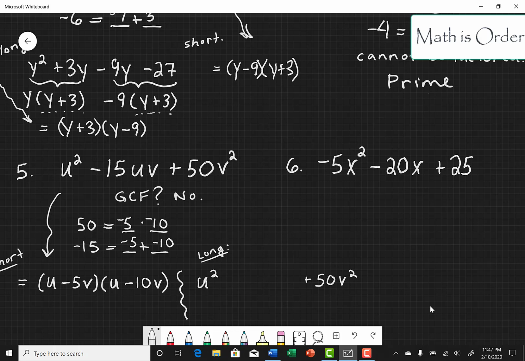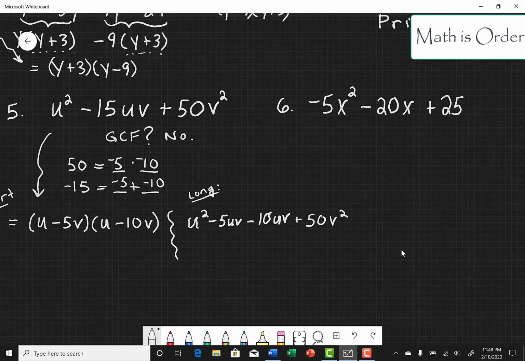So let's go ahead and do that. So minus 5uv minus 10uv, right? And then factor from the first two, factor from the last two.